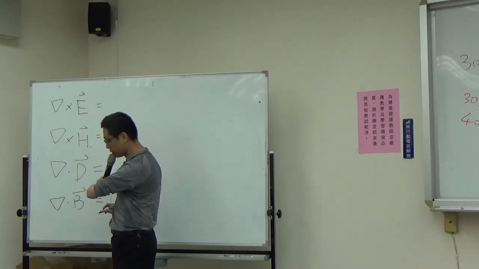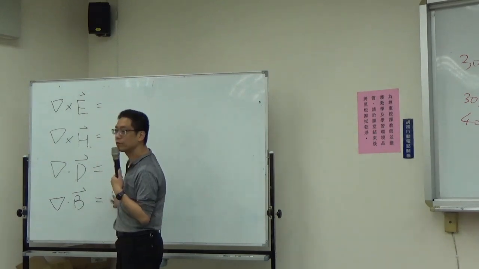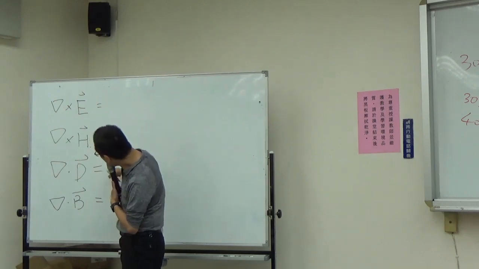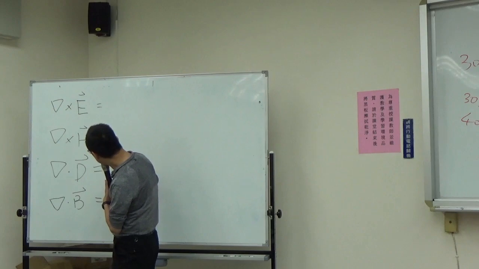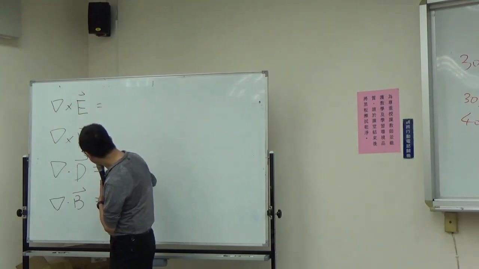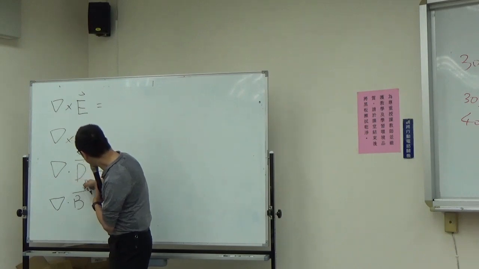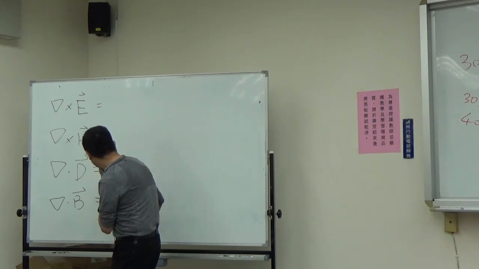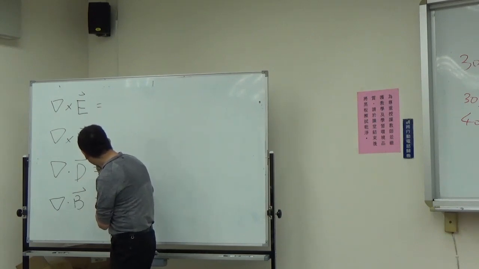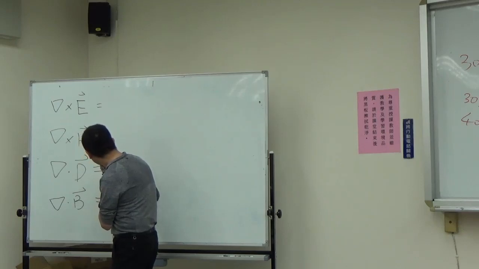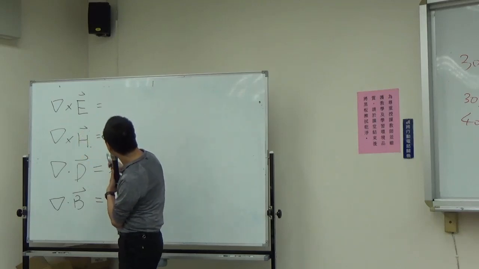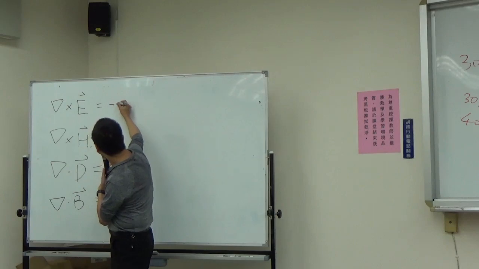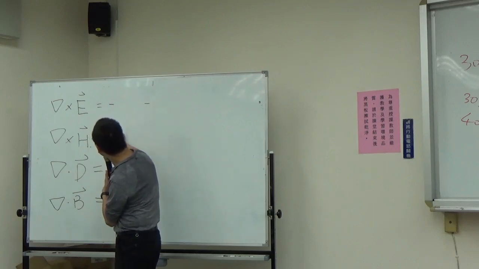This is 0 because I don't have the magnetic source, and this is Q, the charge density, and I put that here, and this is the current density, right? So rho s, okay. And for these two, I know this is something negative, and this is a positive.